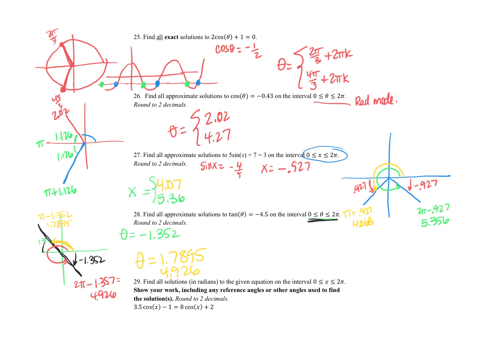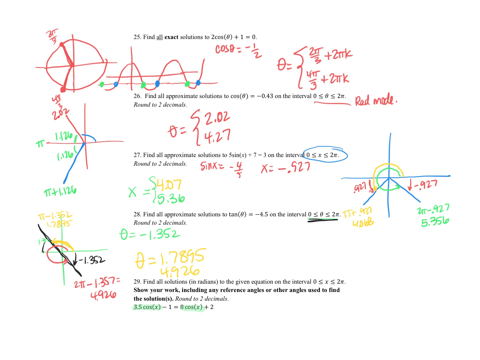Okay, next one, find all solutions in radians to the given equation on the interval from 0 to 2 pi. So I want to solve that equation for cosine of x. First I want to make sure that I highlight all the terms that contain cosine of x. I want to add and subtract so that those terms are on the same side, and the terms that don't contain cosine of x are on the same side as well.